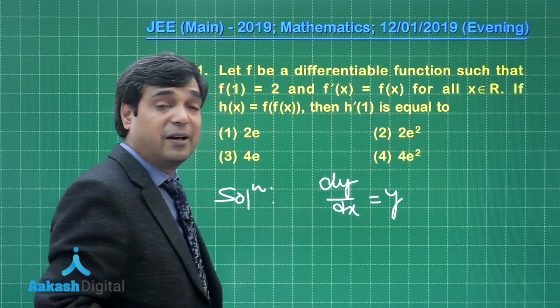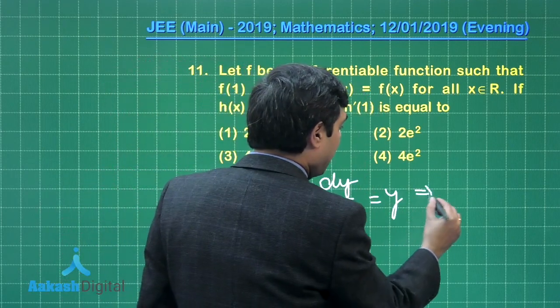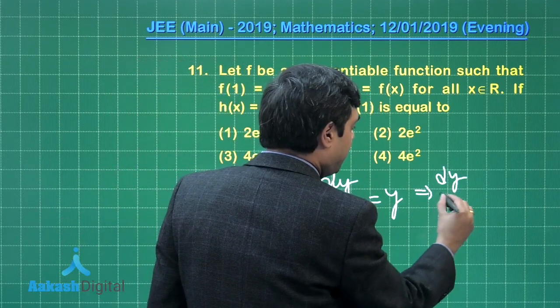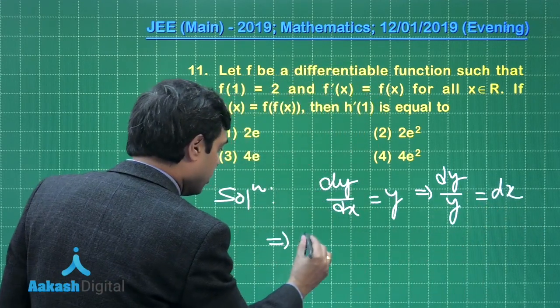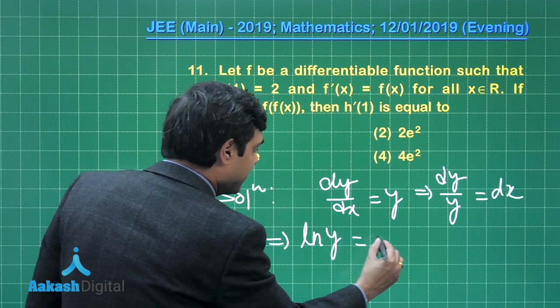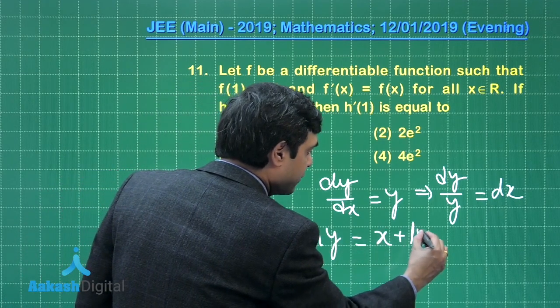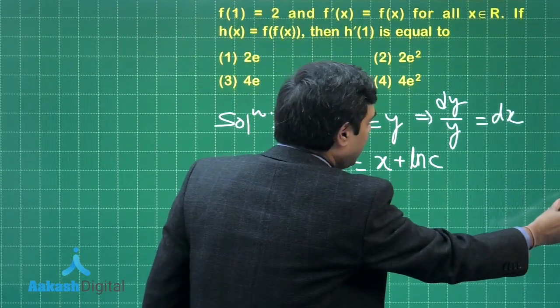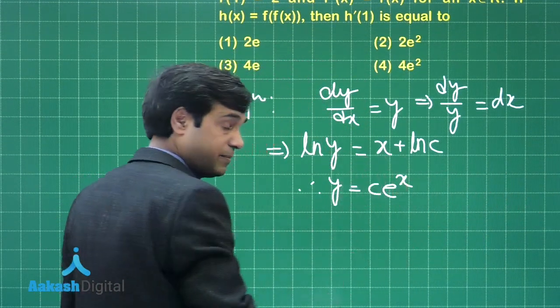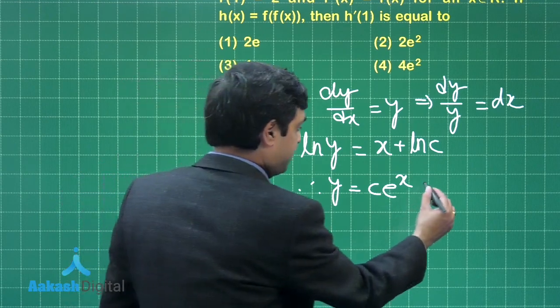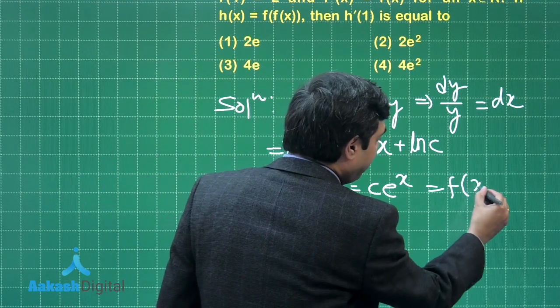Let us say I am writing f(x) as y. So, we have simply dy by y is equal to dx, or log y is x plus say log c. Eliminating log, we can write y is equal to c e to the power x, meaning f(x) is equal to c e to the power x.